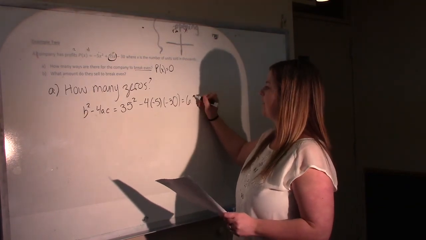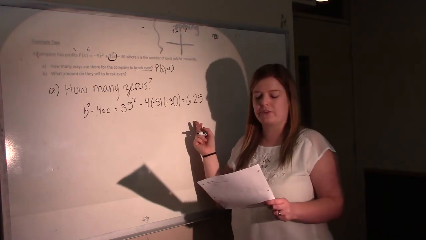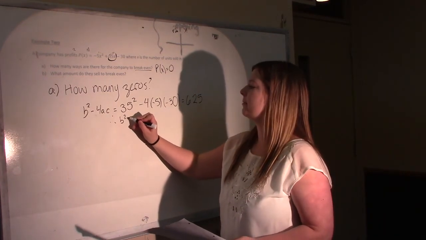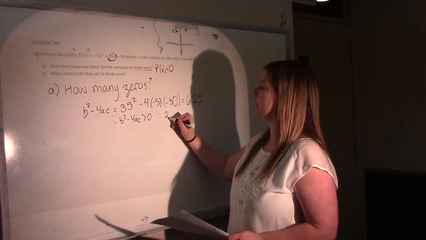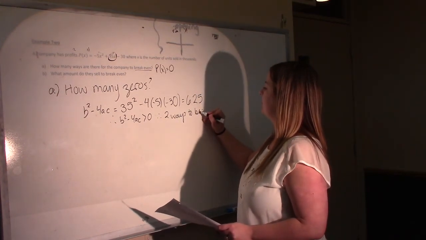So this is 625. Since 625 is greater than 0, b squared minus 4ac is greater than 0, and therefore there are 2 ways to break even.